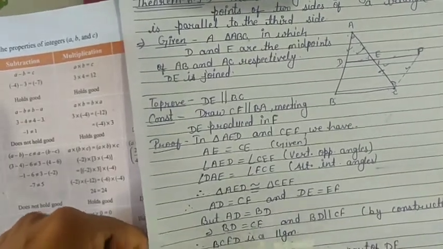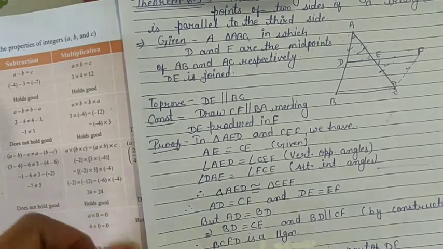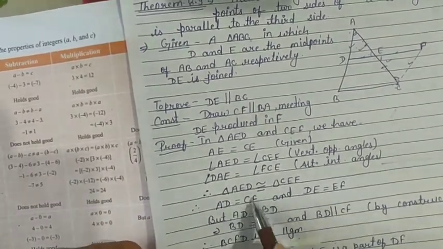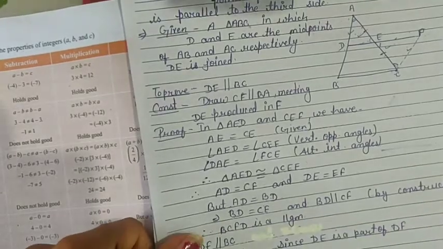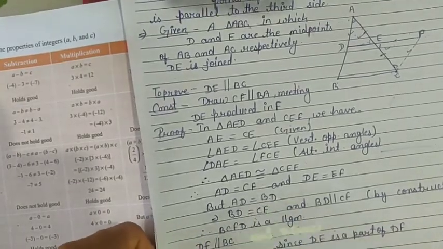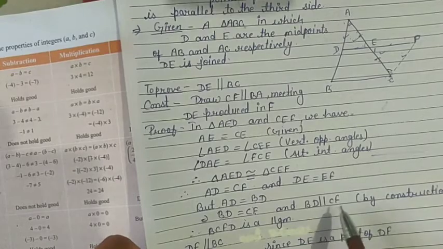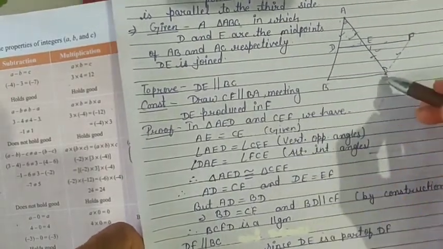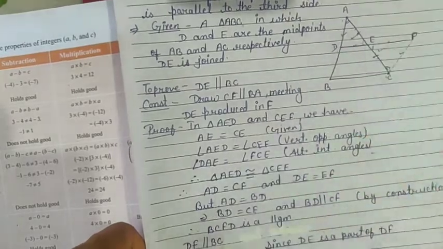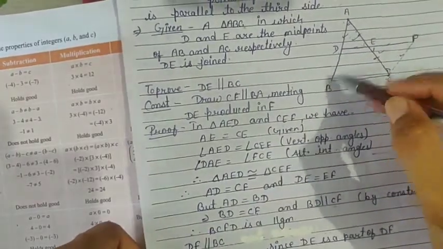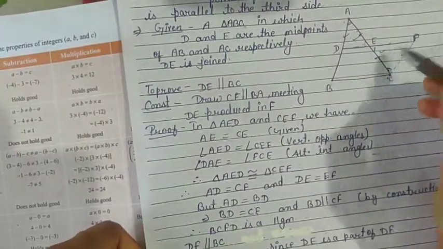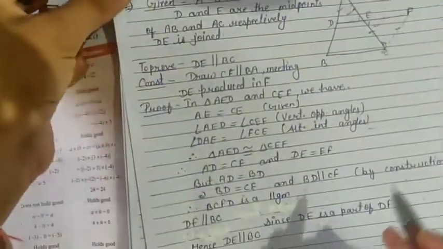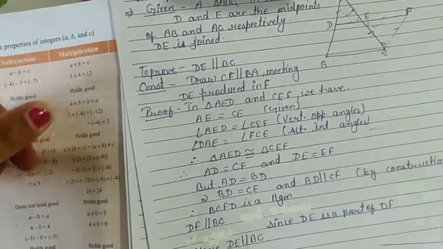It means BD equals to CF. Okay. Left hand sides of these two equations are equal. It means their right hand side will also be equal. So BD equals to CF and BD parallel to CF. By construction, we construct CF which is parallel to AB. It means BD equals to CF and BD parallel to CF by construction. Hence, BCFD is a parallelogram.